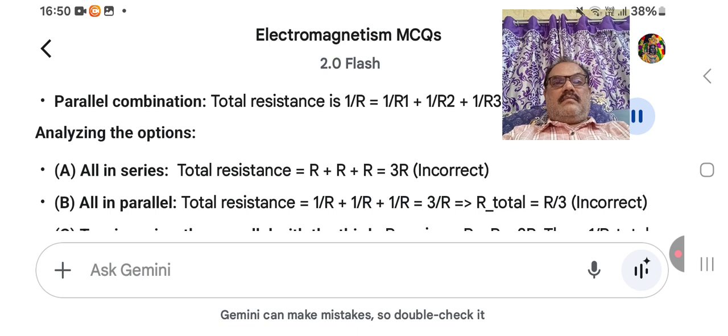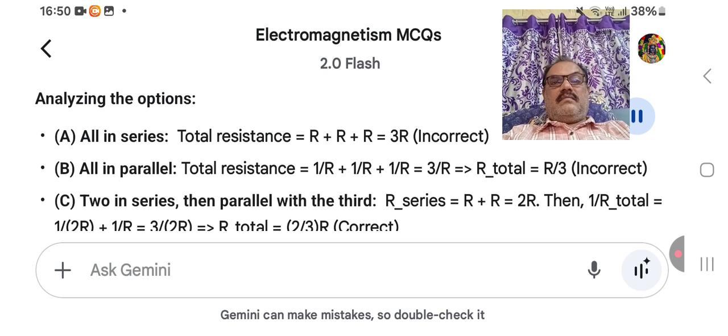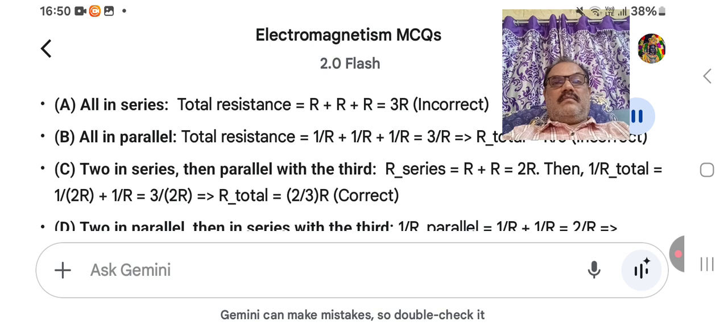B. All in parallel. 1/R total equals 1/R plus 1/R plus 1/R equals 3/R, so R total equals R/3. Incorrect. C. Two in series then parallel with the third. R series equals R plus R equals 2R. Then 1/R total equals 1/R plus 1/2R equals 3/2R, so R total equals 2/3 R. Correct.